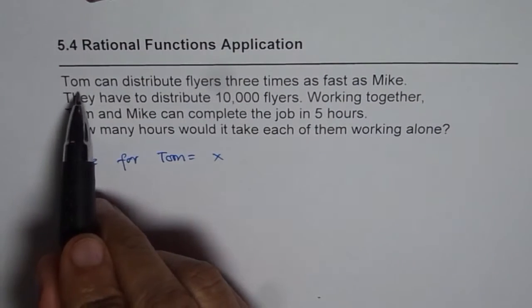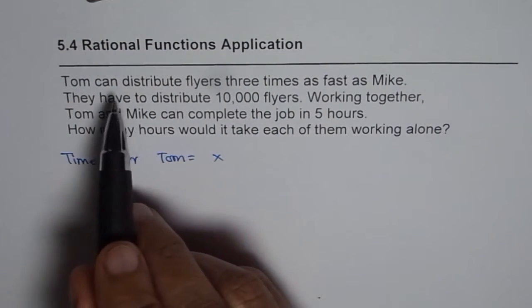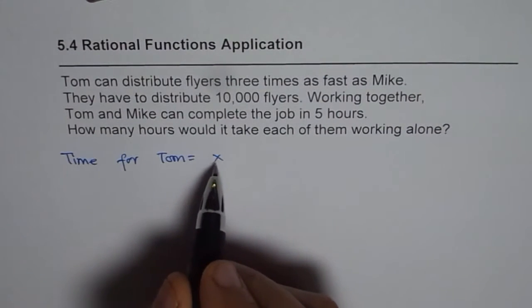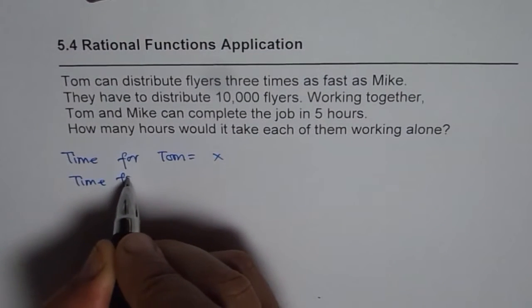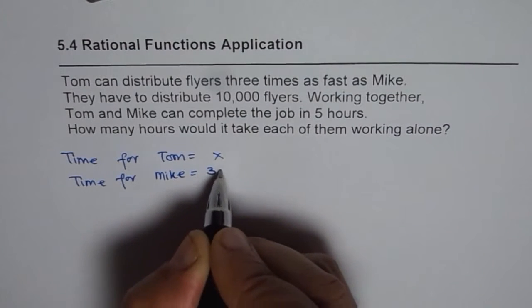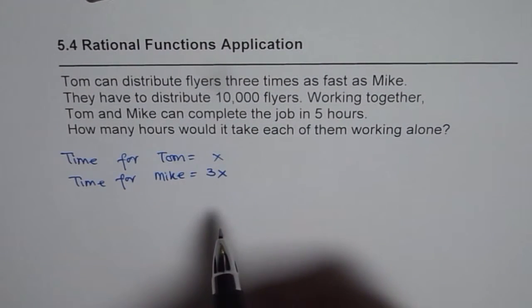Since Tom can distribute 3 times as fast as Mike, Tom is going to take less time, right? So time for Tom is x. In that case, time for Mike should be 3 times x, because Mike is taking more time. Tom is doing it faster.